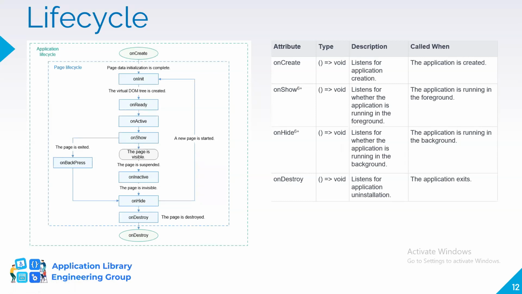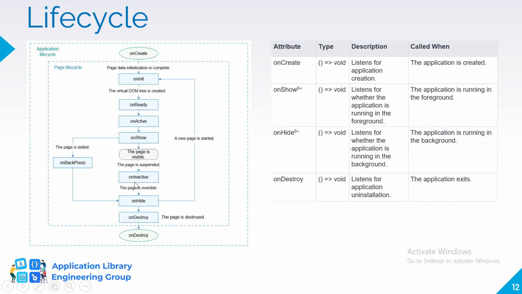Followed by onActive. So as the name says, when the page is activated, this is the function which is called. Followed by onShow, when the page is displayed completely. So onInit, onReady, onActive, onShow is the function flow from the page initialization till the page is completely visible.